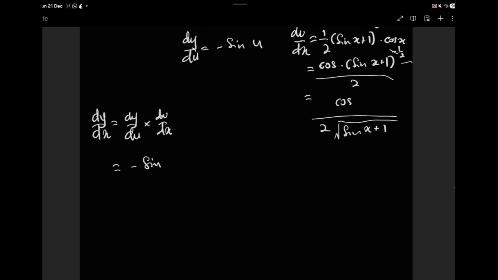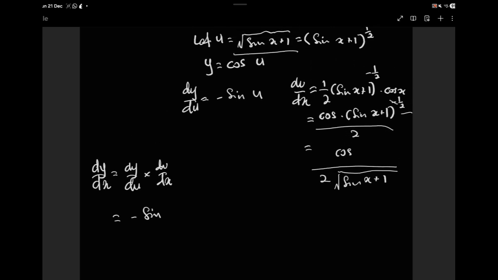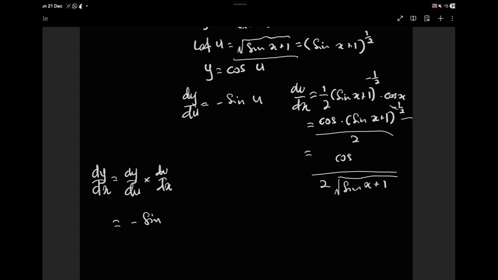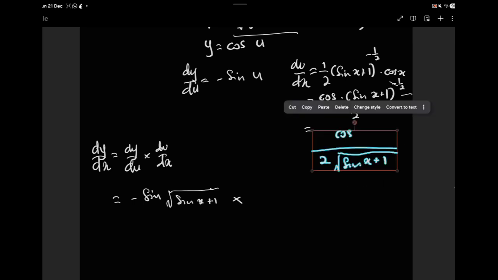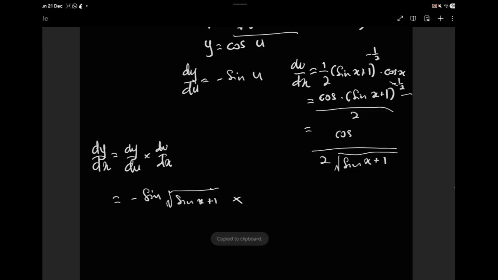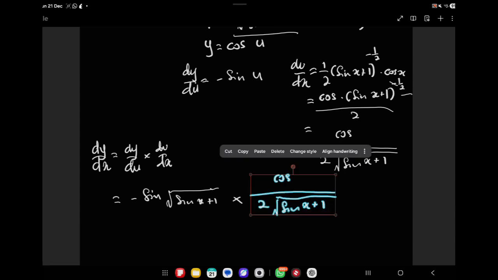So we can say negative sine times the square root of sine x plus 1, times this whole thing. There you go.